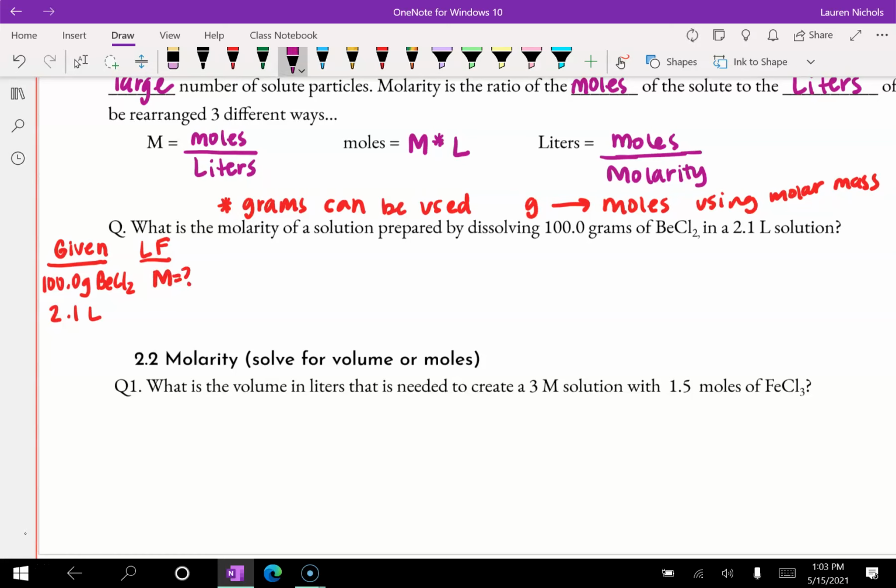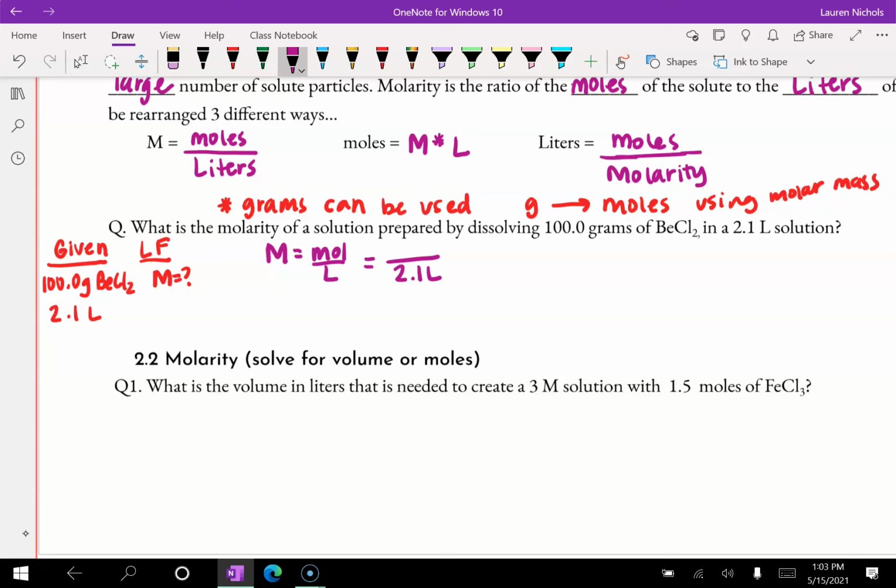So when we think about this, okay, molarity is what we're looking for, so we're going to use that first formula. M is equal to moles divided by liters. Okay, well, I know what my liters are. It's 2.1 liters. However, we don't have moles. We were given grams. And so that means we're going to need to change our grams into moles before we can put it into our formula.